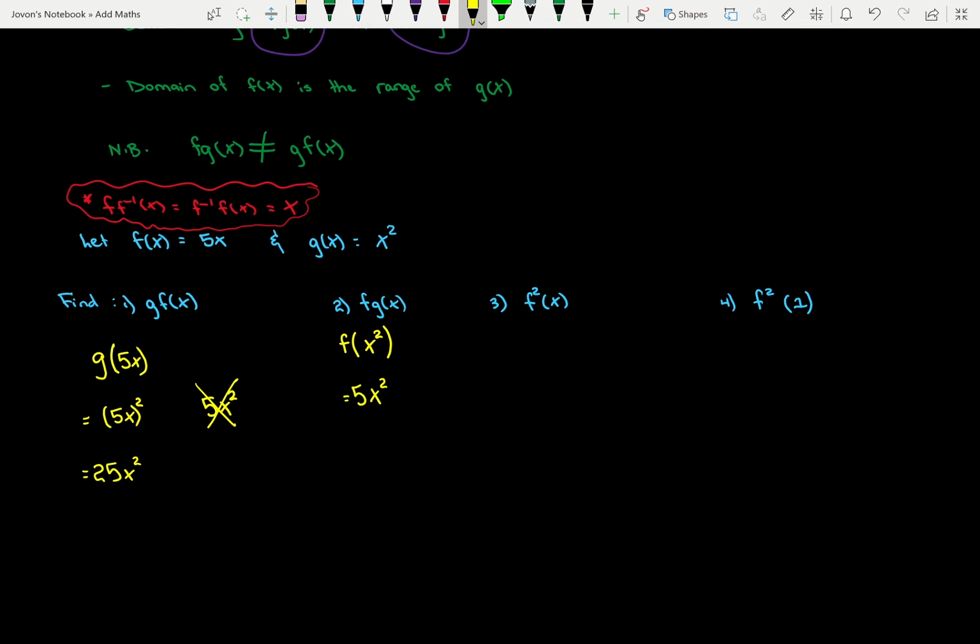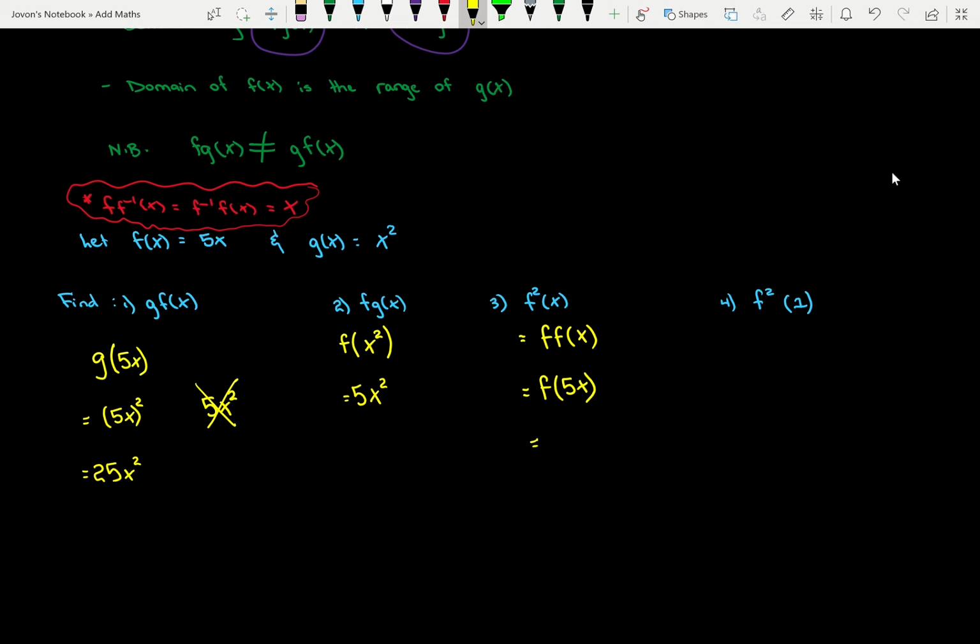Now f squared of x. Basically what this means is f of f of x. So we take f, and we replace the inner f of x by 5x. Now wherever we see the value x in f of x, we're going to replace it with 5x.